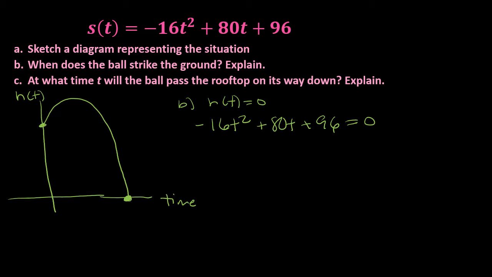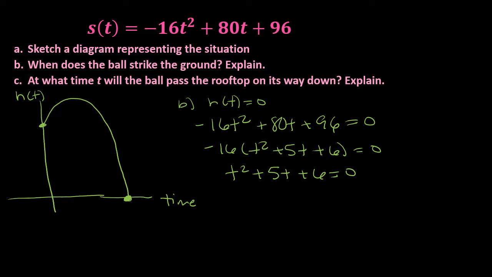And if we solve for that, I can GCF out the negative 16, and so you can divide out the negative 16, which leaves you with t squared plus 5t plus 6 equals 0.